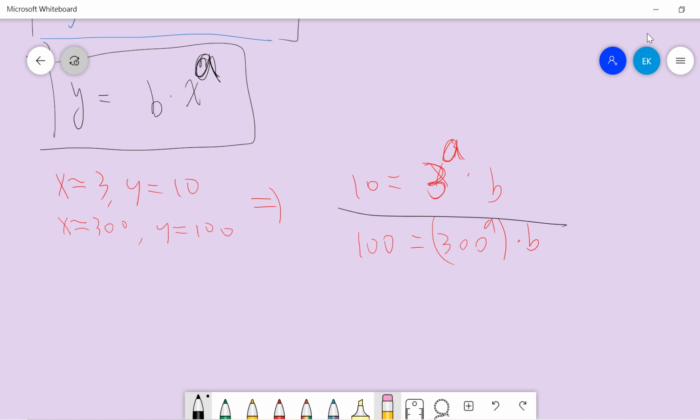We can divide these, and we get 10 equals 300 divided by 3 to the a, so 10 equals 100 to the a. So a is 0.5.